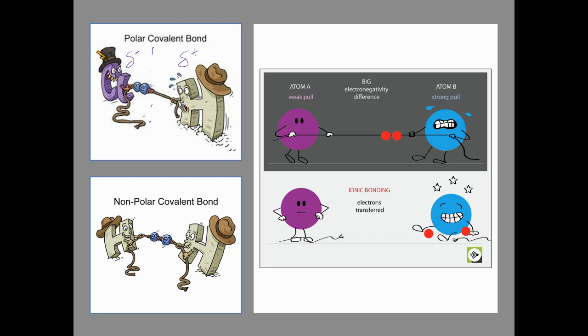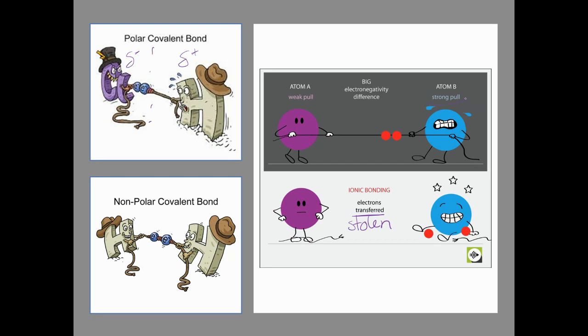Okay, then below that we have our hydrogen cowboys happily sharing those electrons equally because neither of them is stronger than the other, and so they're being pulled on equally. Okay, and then we can also transfer this concept to thinking about ionic bonds. In ionic bonds, we know that electrons are transferred, but in reality, it's more like being stolen or that tug of war being completely won.